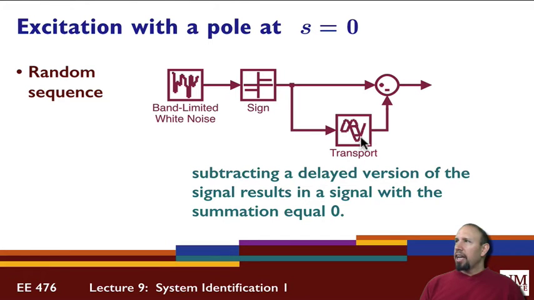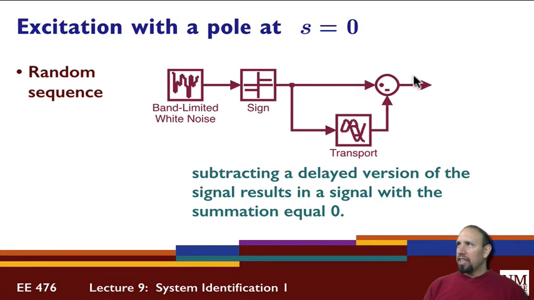But now we're going to take this signal and subtract this signal from it. This is a transport delay, a time delay. So we take the same signal, whatever signal this is, and apply it to the system. Then we take that same signal and subtract it some time later. Basically, this signal is constantly having a random sequence applied, and we're also having its negative applied.